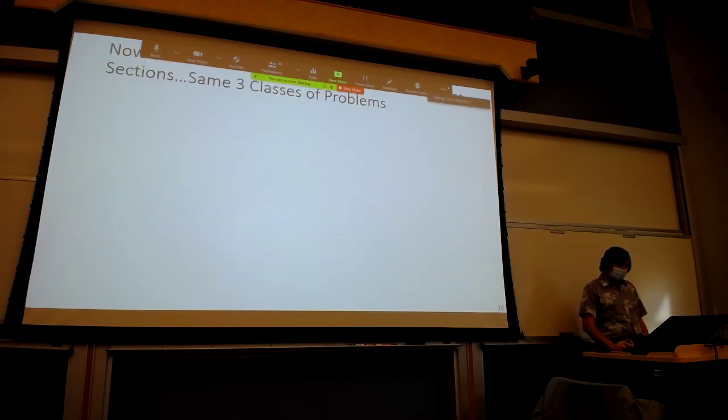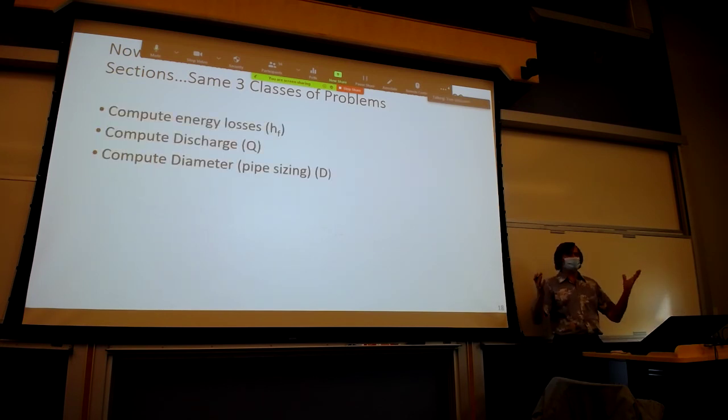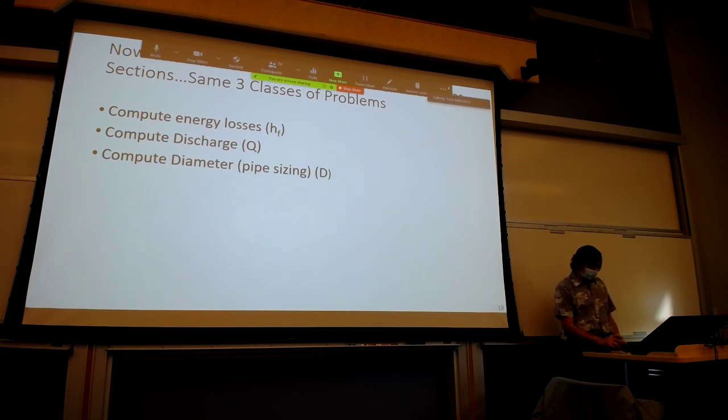So, now that we have non-circular sections, minor losses, friction losses, we still have the same 3 problem types. It's just that the energy equation is getting more complicated. That's all. It's the same classes.